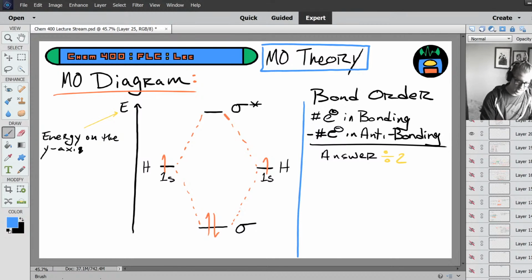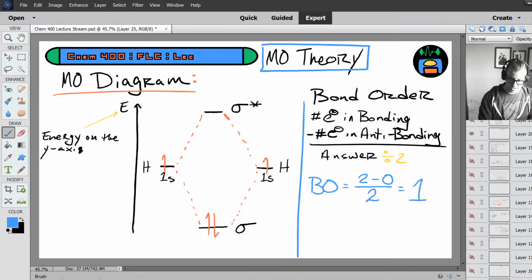So if we were to calculate our bond order here for H2, we have 2 electrons in bonding orbitals, 0 electrons in antibonding orbitals. Divide by 2, that gives you a bond order of 1, i.e. a single bond.